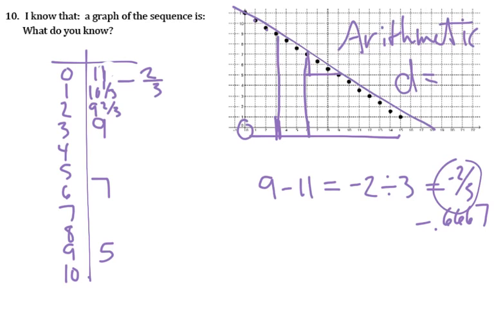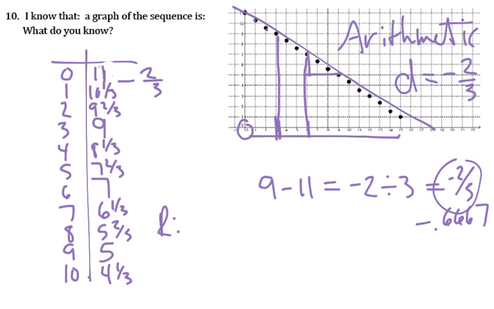So then we'd have 8 1/3, then 7 2/3, then 7, then 6 1/3, 5 2/3, and 5, and so on, 4 1/3, and so on. So our constant difference is we're subtracting 2/3.